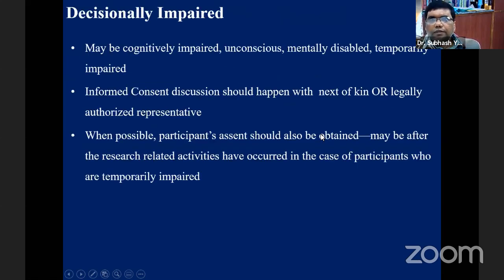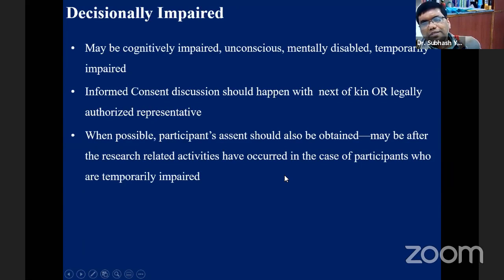Then for decisionally impaired, who may be cognitively impaired, unconscious, mentally disabled, or temporarily impaired, informed consent should be taken from the next of kin or legally authorized representative. And when possible, the participant's assent should be obtained, maybe after the research related activity has occurred in the case of participants who are temporarily impaired.